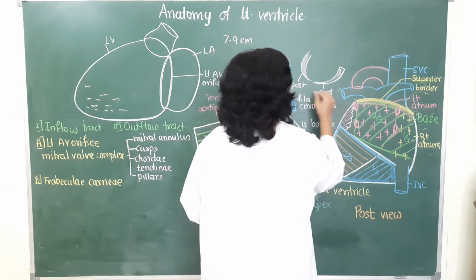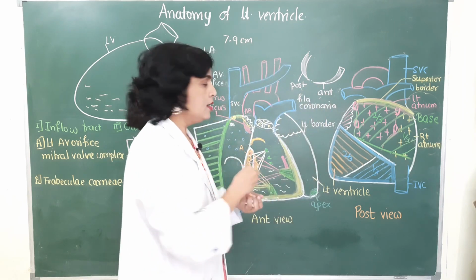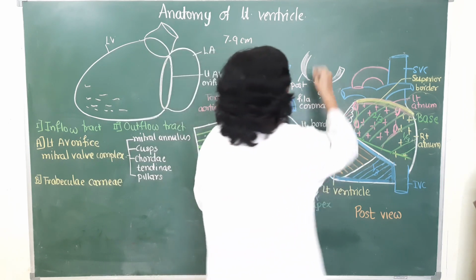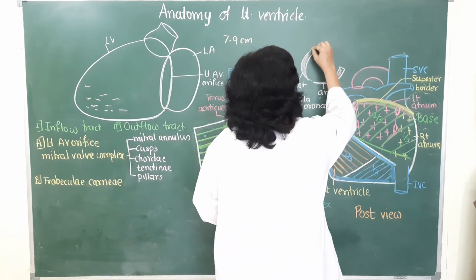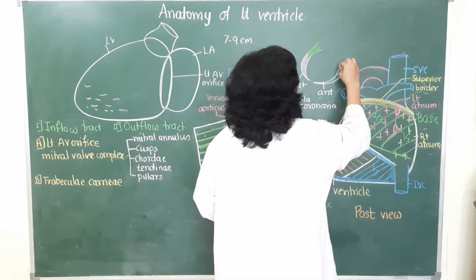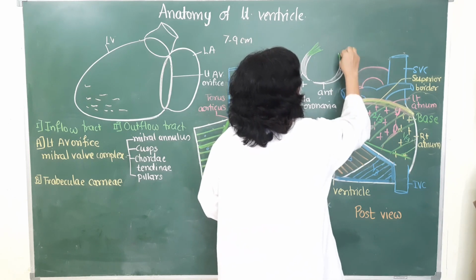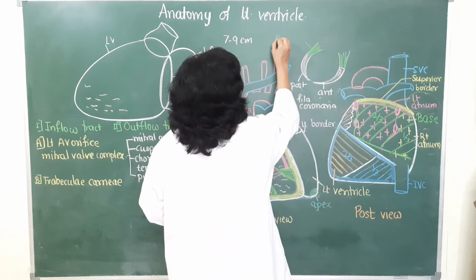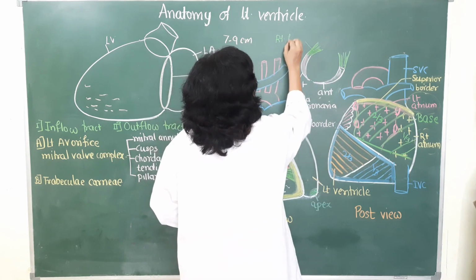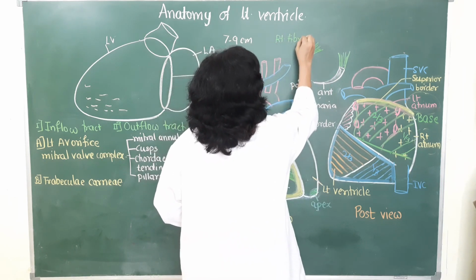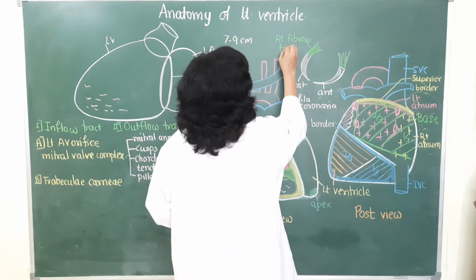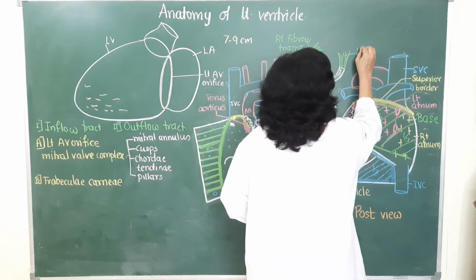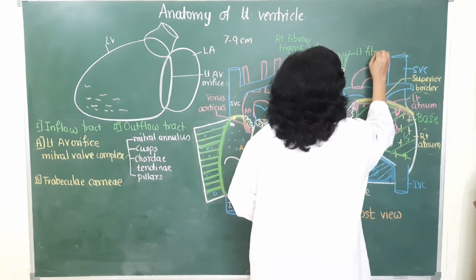In addition to this filum coronarium, this mitral annulus shows the presence of right and left fibrous trigones. So here you get, this is the right fibrous trigone and this is the left fibrous trigone.